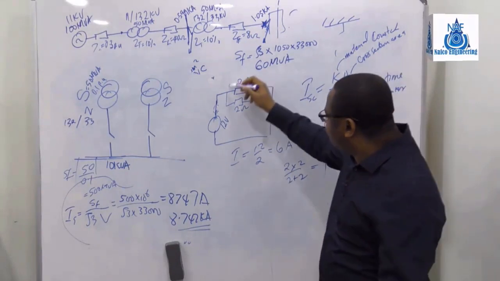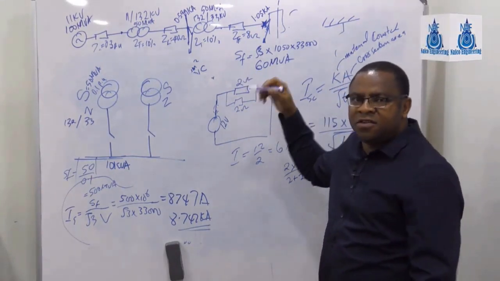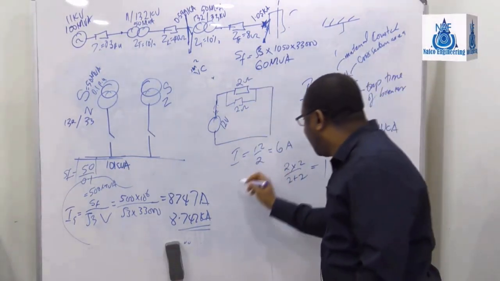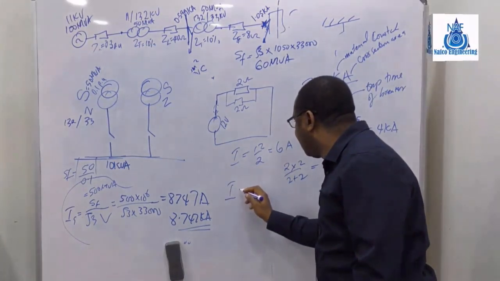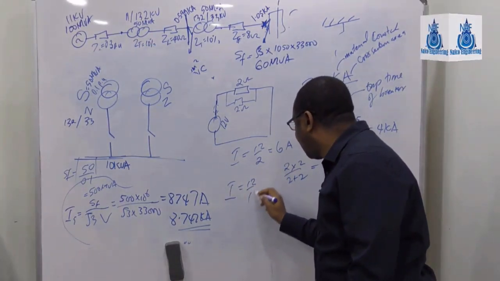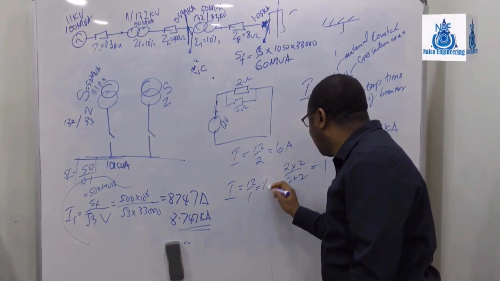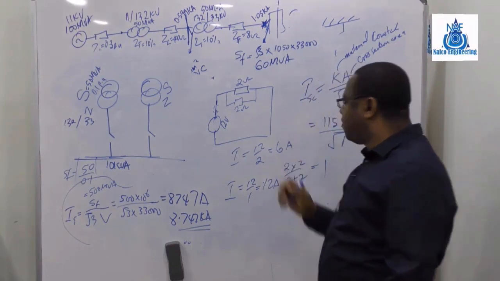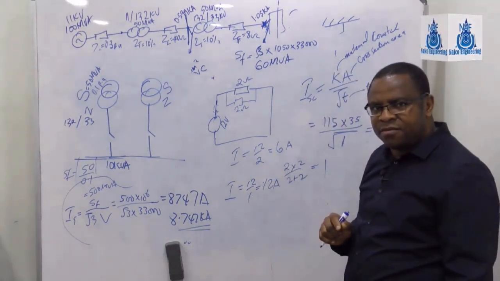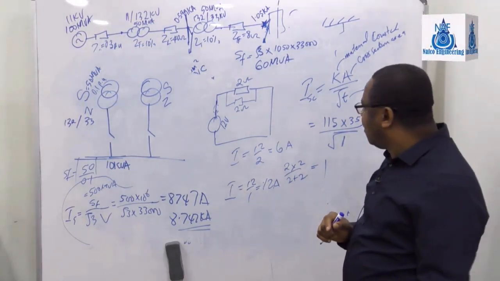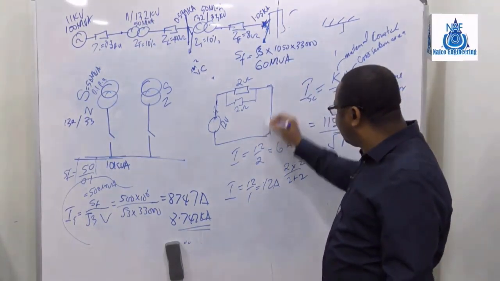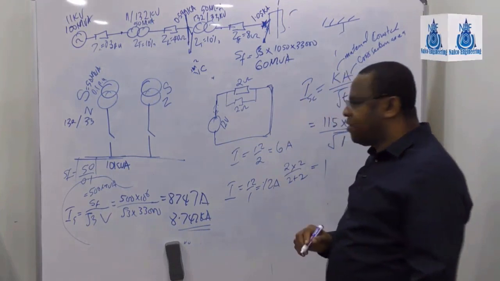So the effective resistance in this case will be 1. That means the new I will be 12 over 1, which is what? 12 amps, which is twice of this. Right? So if it's a short circuit, the new short circuit current is twice now.